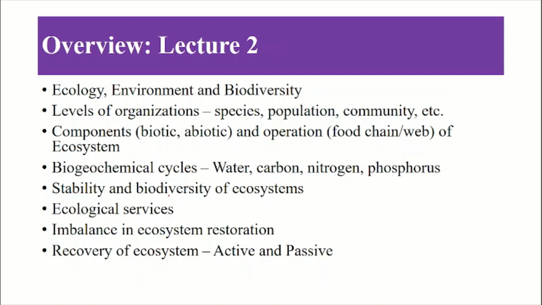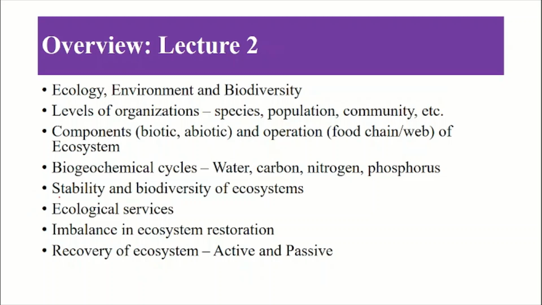Next, if a disturbance is created in an ecosystem, but that disturbance is accommodated by the ecosystem because of its natural restorative cycles, that can be called a stable ecosystem.